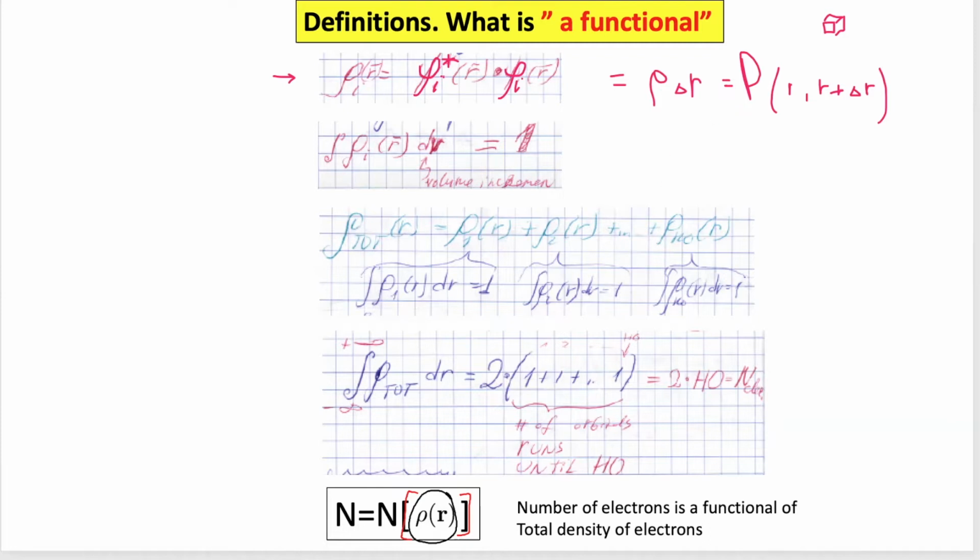Now, it is interpreted in the correct way as probability, but now we say that it is the density of the electron, or density distribution.